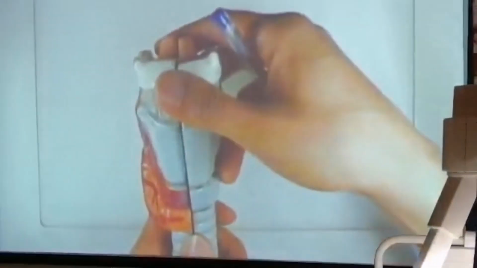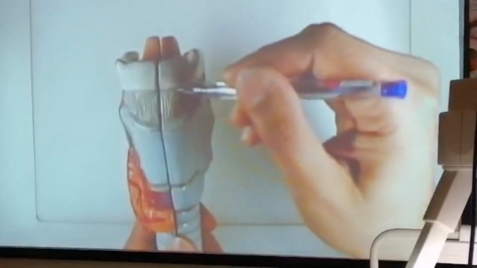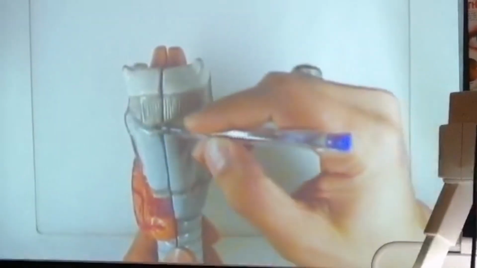It's thickened anteriorly in the midline to form this area, the median thyrohyoid ligament.